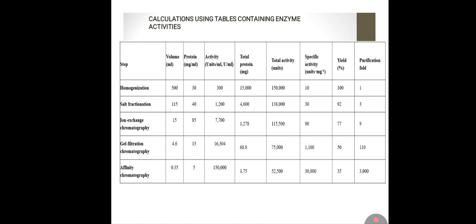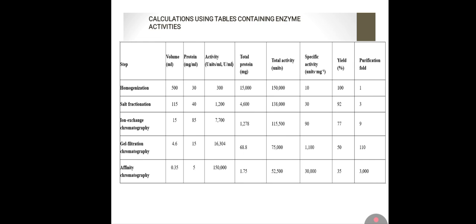For example, if you are doing affinity chromatography, the yield is 52,500, that's the total activity of that stage, divided by the total activity of the crude, which is 150,000. And you multiply it by 100.